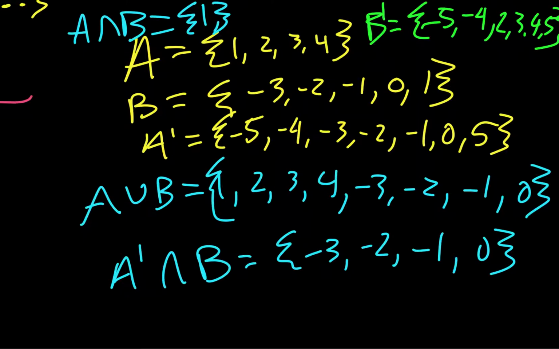And then the last one is A complement union B complement. And let's see, so it's here and here. So it's union. So we write everything in A complement.